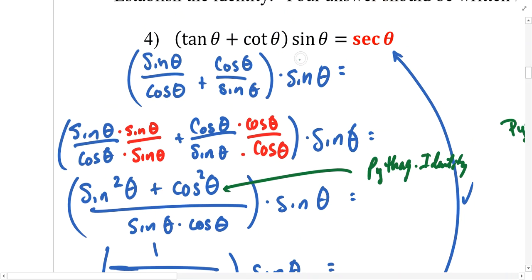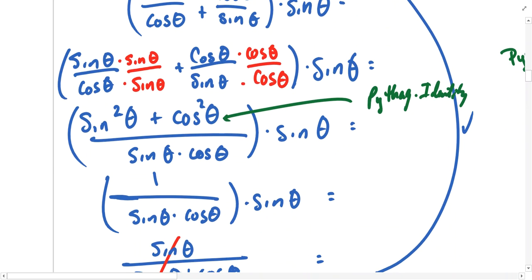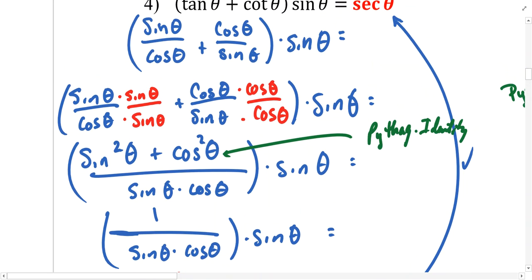I'm going to ignore this sign out here for just a second. I'm going to try to clean up what's on the inside of the grouping symbol first. My goal next would be to add these two fractions together, but in order to do so, I need to find a common denominator. So on the left-hand fraction, I've multiplied by sine over sine. That's a form of 1 that's going to change the way this fraction looks, but it doesn't change its value.